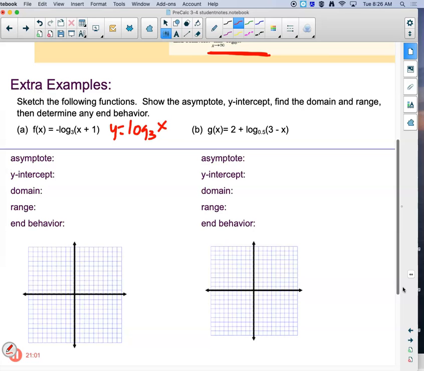So you have to think, well, what changes did they make here? And we have a negative in front of that. So that's going to be a reflection over the x-axis. And then we think about the fact that the x by parentheses is attached to that plus 1, and x is always the opposite of what we think it should be. So that's actually going to translate 1 unit to the left.